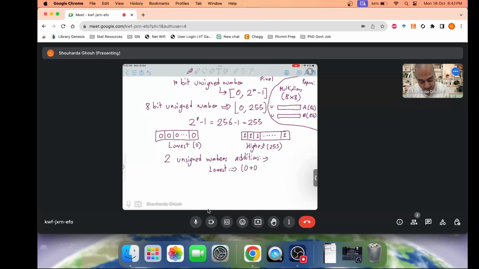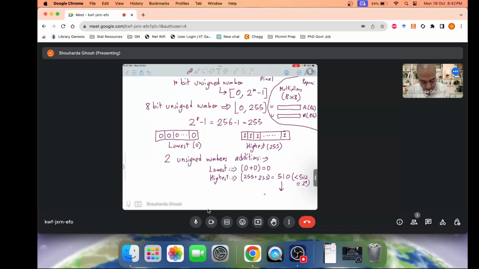That's 0 plus 0 equals 0. And what has to be the highest? Both of them 255, so 255 plus 255, how much does that turn out to be? 510. So it's less than 512, which is 2 to the power 9. But then you realize that you cannot represent 510 by 8 bits, you require 9 bits.